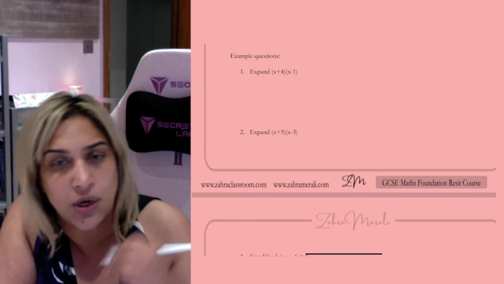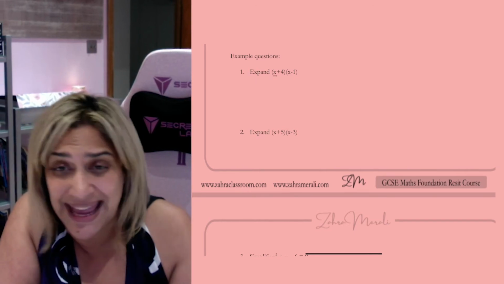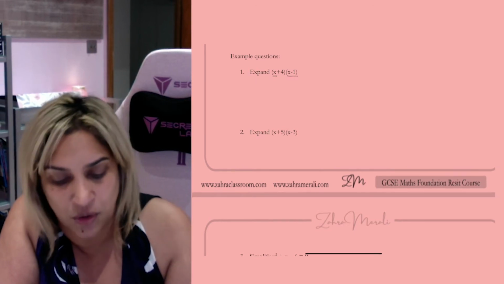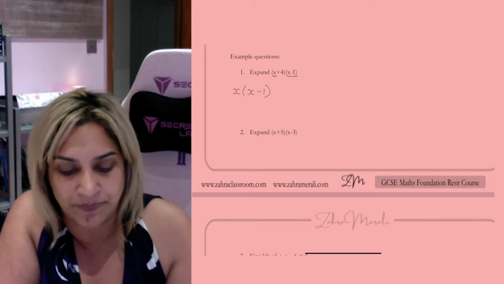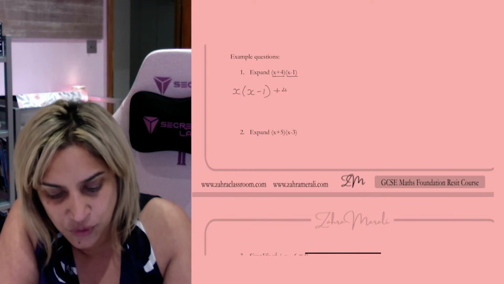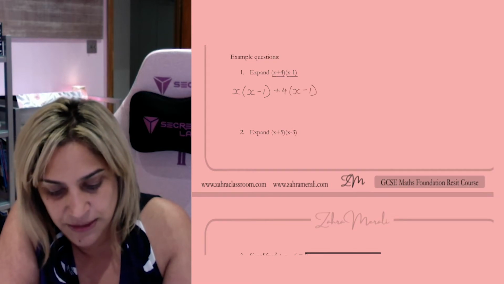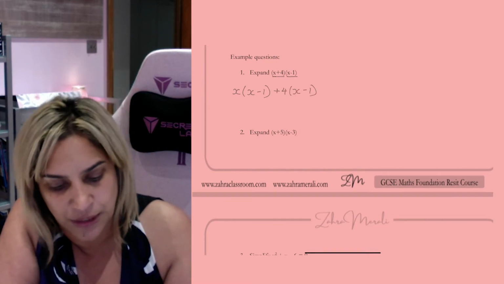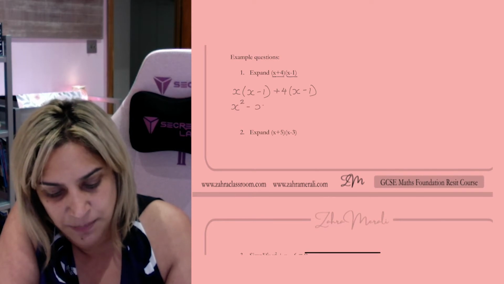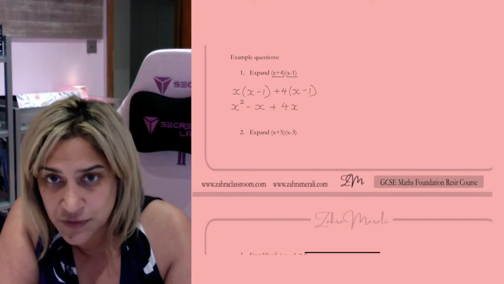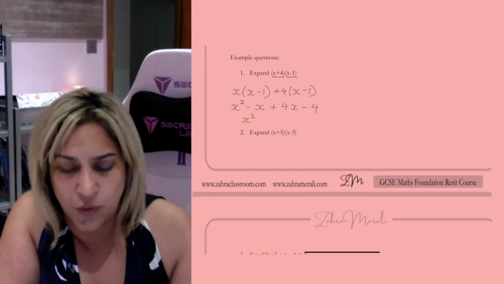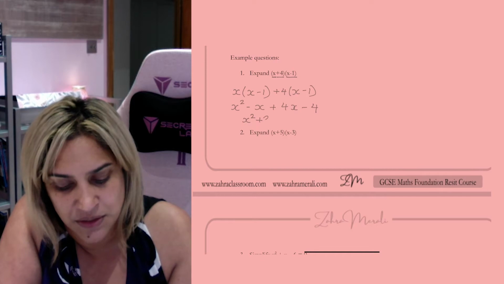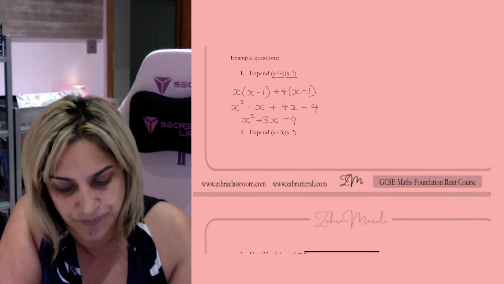So I have x multiplied by the whole of x minus 1, and then plus 4 also multiplied by x minus 1. Then I can open out the brackets. So I get x squared minus x plus 4x minus 4. Put together the x's: 4x minus x gives me plus 3x minus 4.